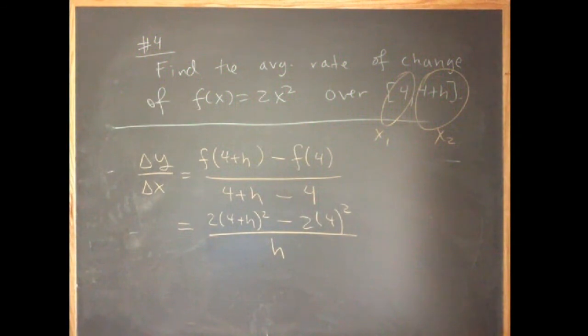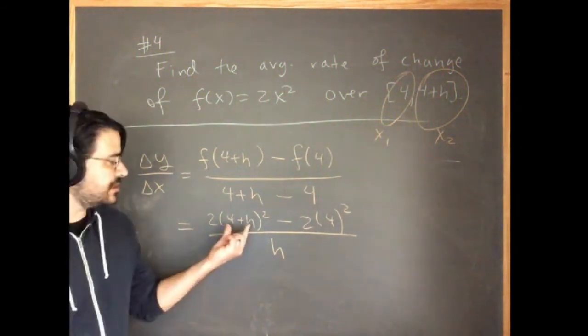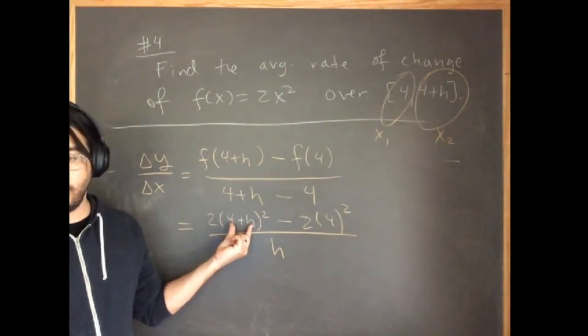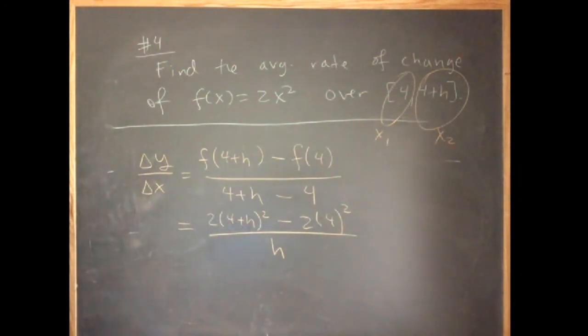Okay, so this we have to multiply out. Let's start by FOILing this out. What is 4 plus h squared? What do we get when we FOIL that guy out? Remember, it's 4 plus h times 4 plus h.